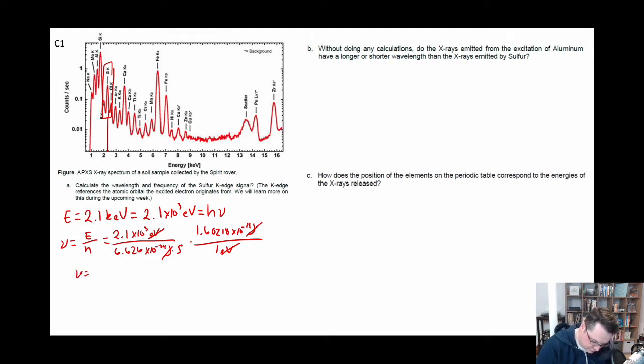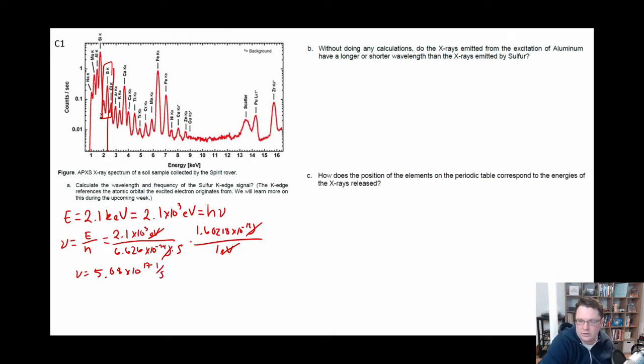The frequency is 2.1 times 10 to the third times 1.60218 times 10 to the negative 19, divided by 6.626 times 10 to the negative 34. That comes out to 5.08 times 10 to the 17 per second, or hertz.